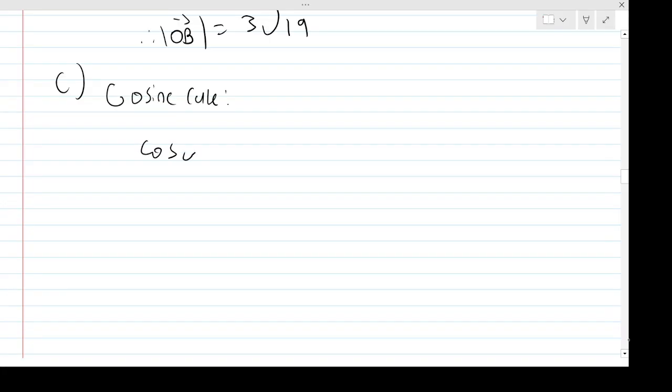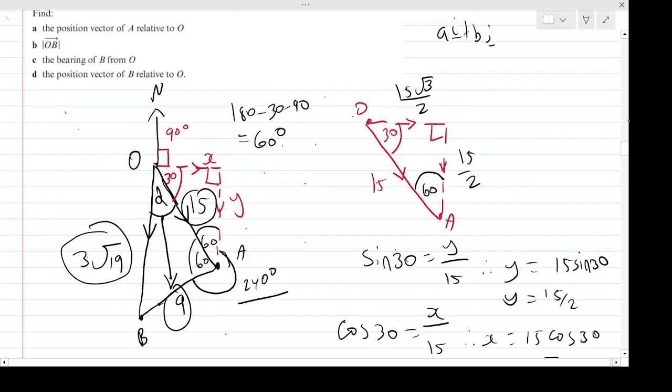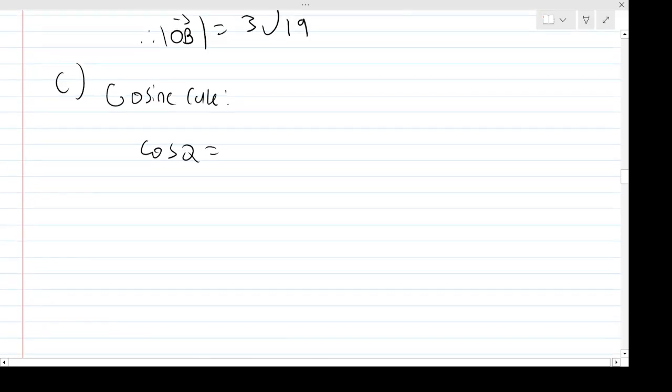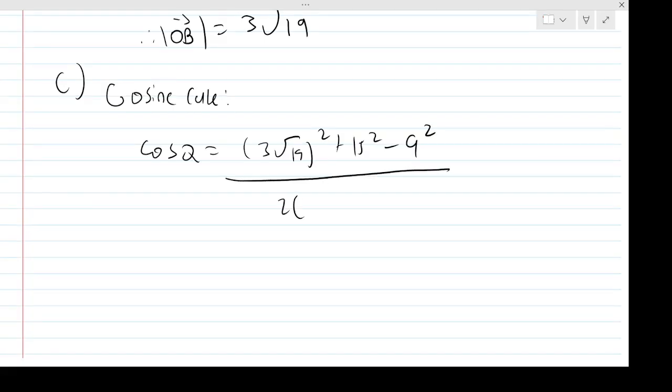cosine of alpha is going to be the other two sides. So 3 root 19 and 15. So 3 root 19 all squared, add 15 squared, take away 9 squared, divided by 2 lots of 3 root 19 times 15.